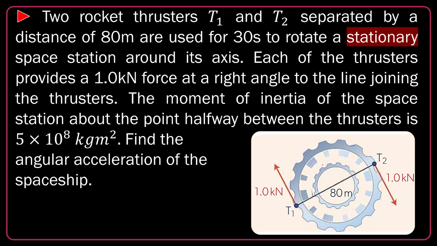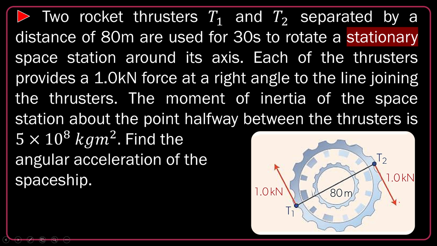Now the last question. Let's have a practice on the torque due to a couple. Here we have a space station with two rocket thrusters, thrusts T1 and T2, separated by a distance of 80 meters.